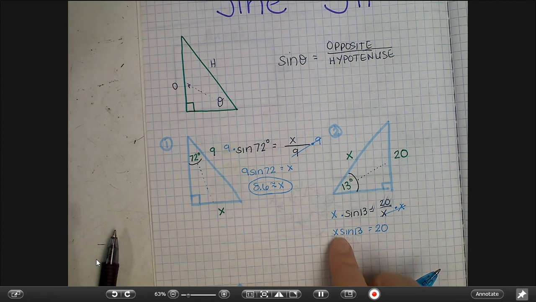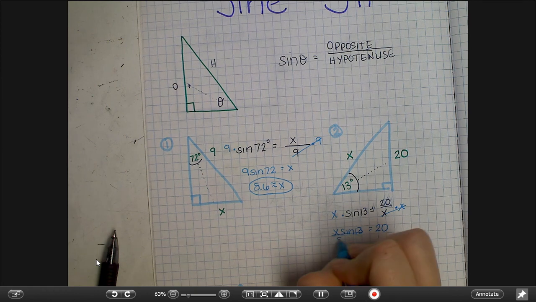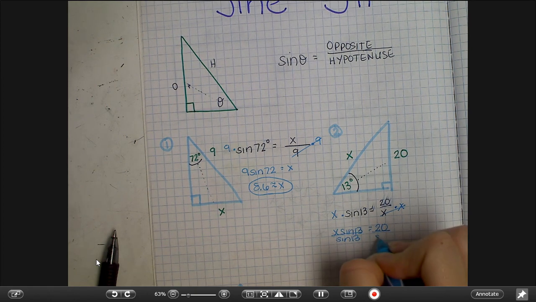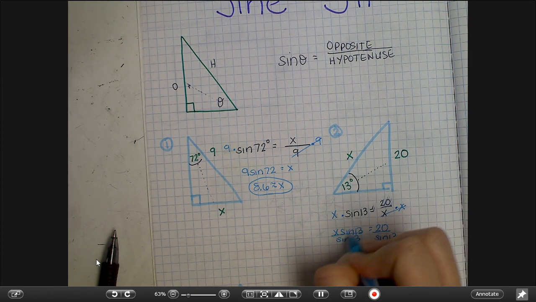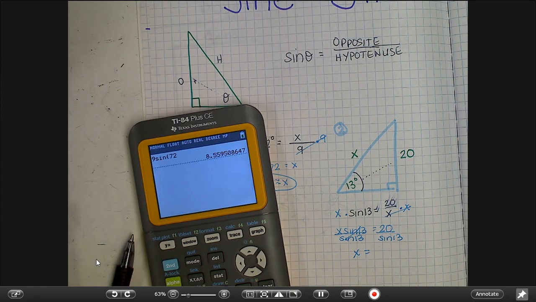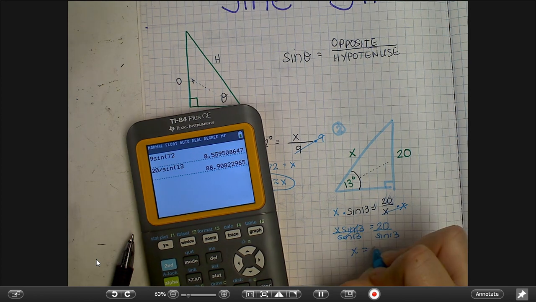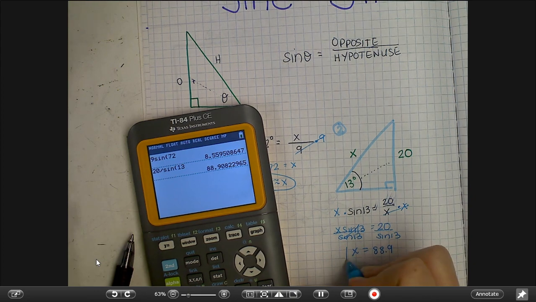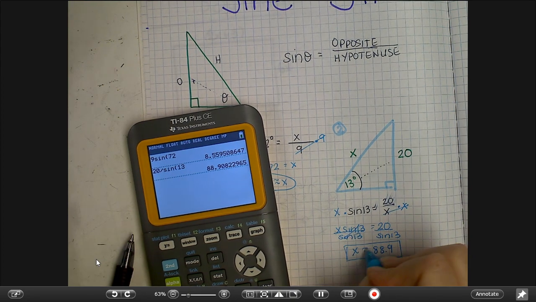And then to get x alone, we need to divide by sine. So x equals, and then you just type into your calculator, 20 divided by sine 13. So that hypotenuse is 88.9 units long, approximately.